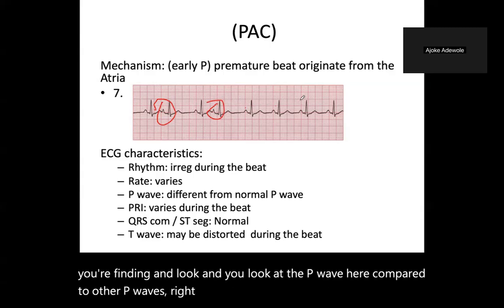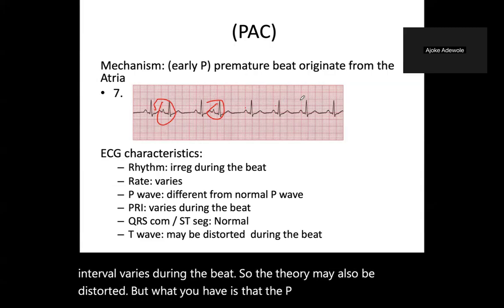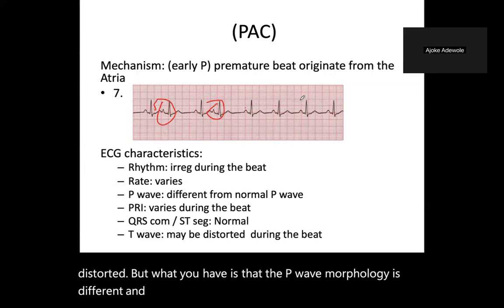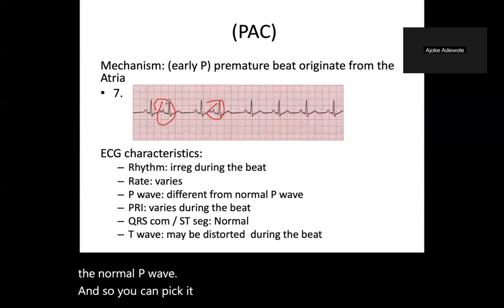It's an abnormal morphology, and the PR interval varies during the beat. The T wave may also be distorted, but the P wave morphology is different. And so the premature atrial complex is occurring before the normal P wave. And so you can pick it out here. You can pick it out here.